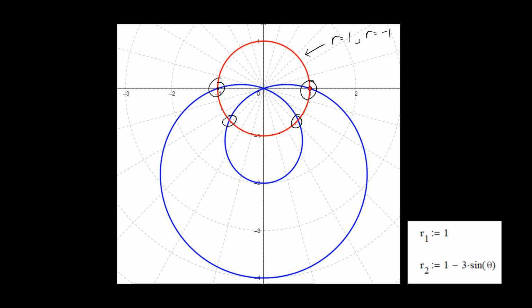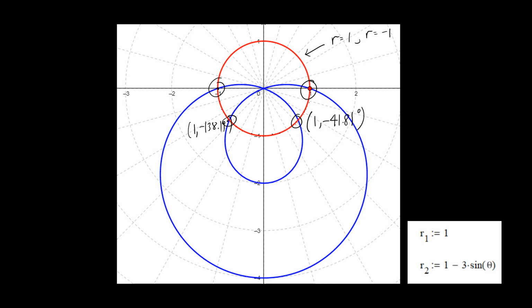circle. Knowing this fact, you can equate r equal to negative 1 to r equal to 1 minus 3 cosine theta and you will be able to obtain the two other points of intersection. These are supposed to be 1, comma, negative 41.81 degrees, and the other one is 1, comma, negative 138.19 degrees.